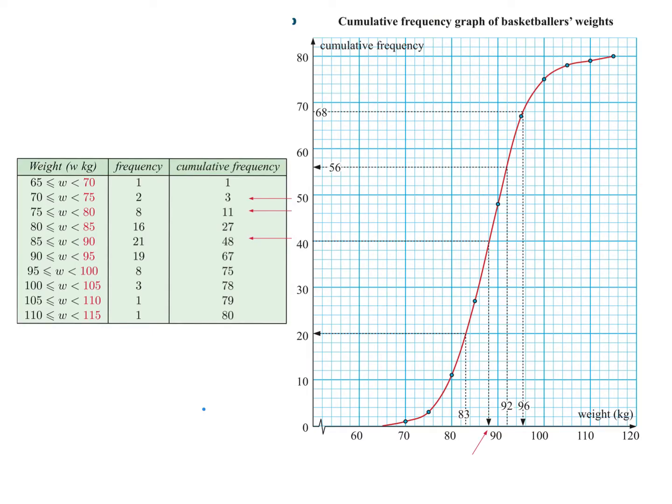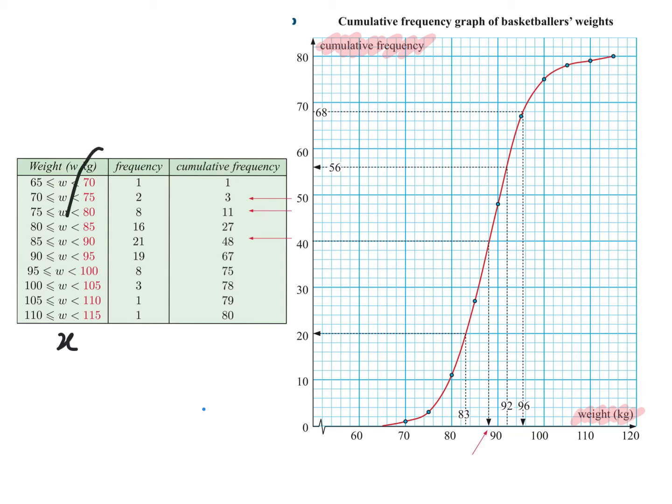This is a cumulative frequency graph of the basketball players' weight. The y-axis is the cumulative frequency and the x-axis is weight in kilograms. Looking at the table, the weight in kilograms will be the x-axis.